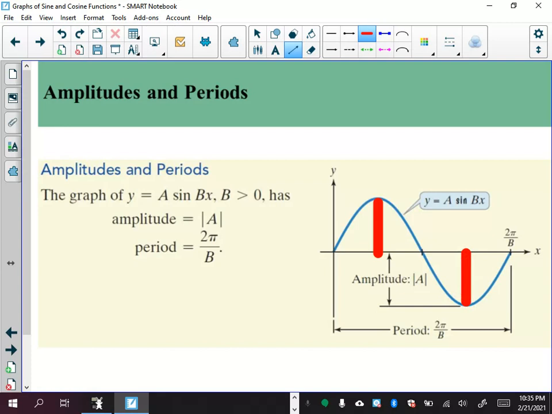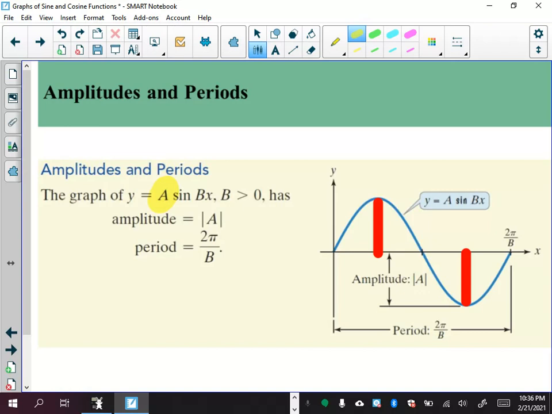It wants to know how high or how far away is that max point and that min point from your x-axis. And it's always going to be the absolute value of whatever number sits in front of sine. So amplitude is always positive, and it's the number that sits in front of sine and cosine, because again, this applies to cosine as well.